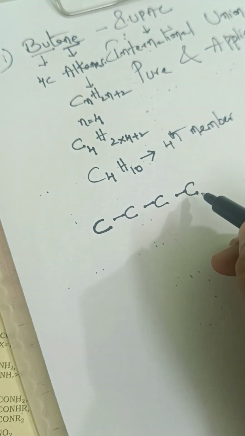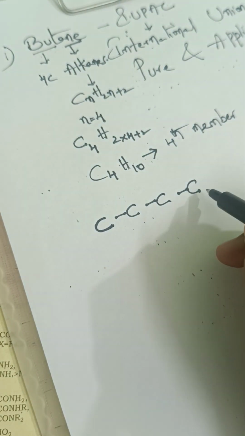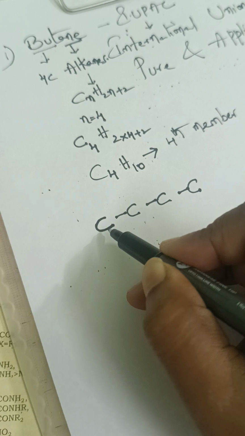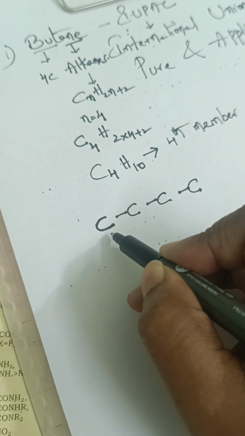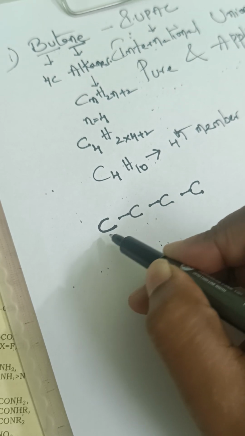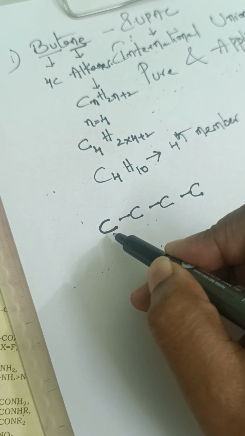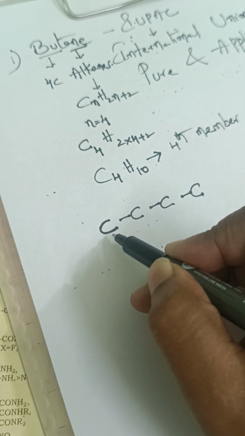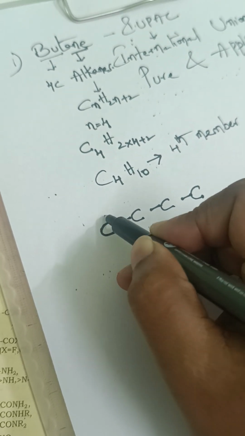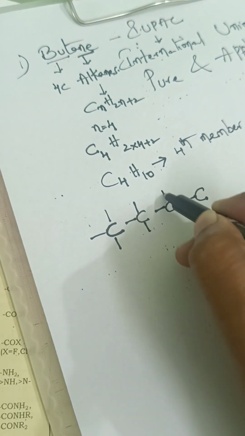Now we have to satisfy the valency of each carbon atom. You all may know that the valency of carbon is 4. That means each carbon atom will combine with 4 other different atoms or groups. So now I am satisfying the valency.